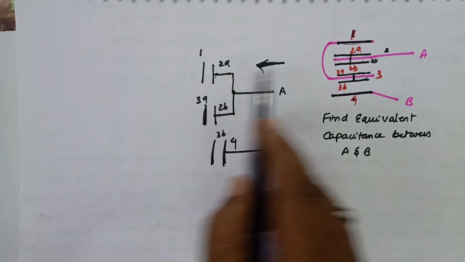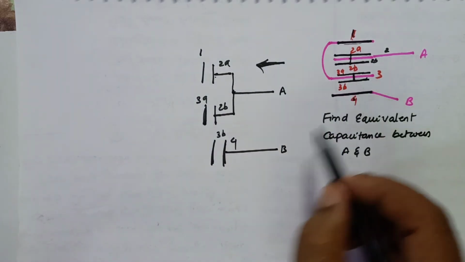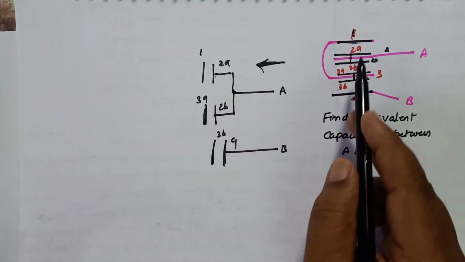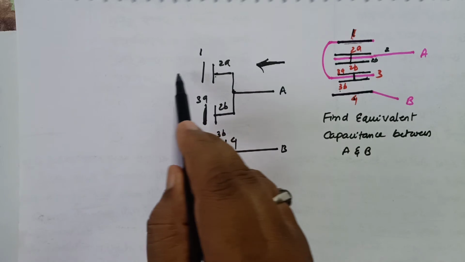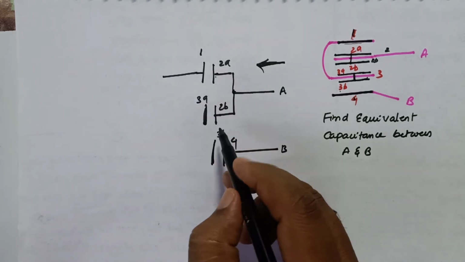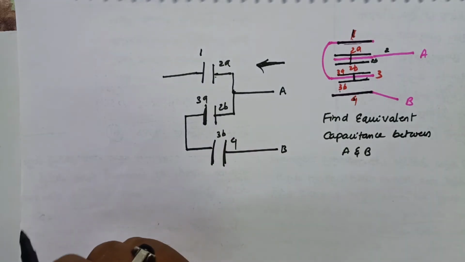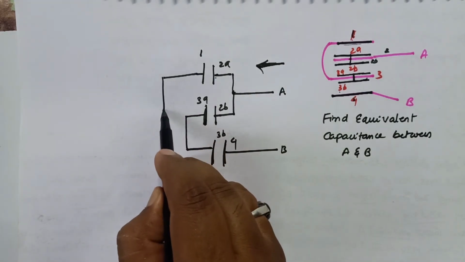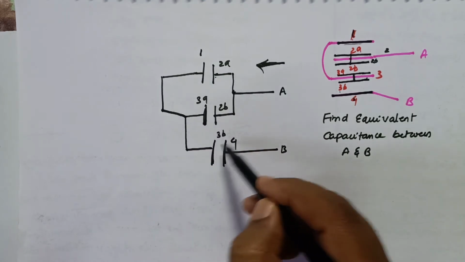But if you observe, 1 is connected in between 3A and 3B. That means 3A and 3B are mutually connected, and this is connected in between 3A and 3B.